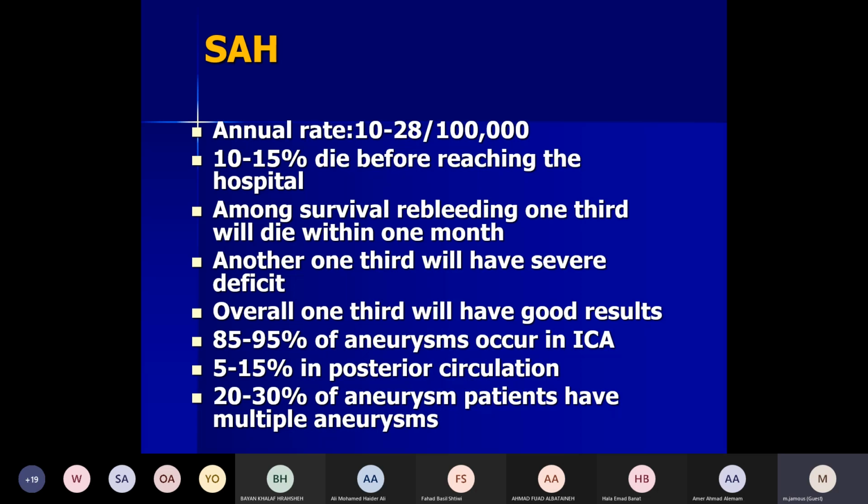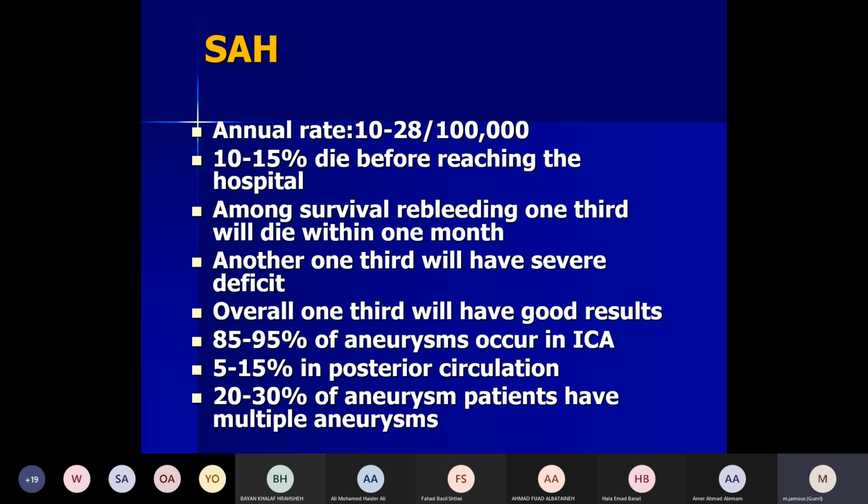About 10 to 15% of patients with subarachnoid hemorrhage will die before reaching the hospital. Among the survivors, about a third will die within one month, a third will have a severe deficit, and a third will have a good outcome.